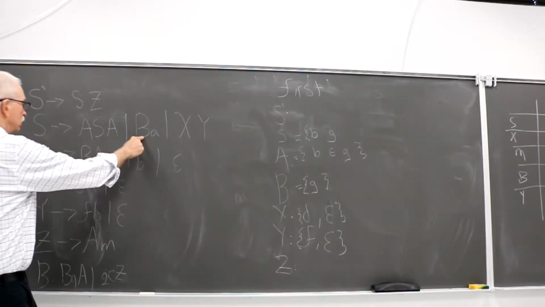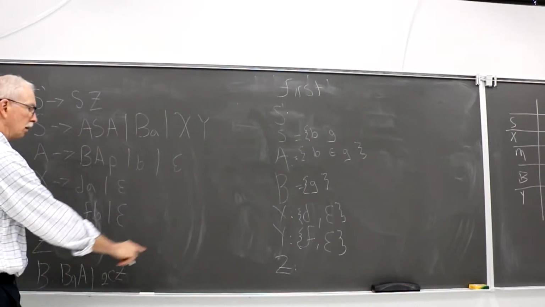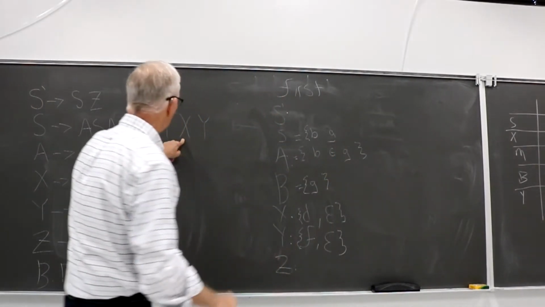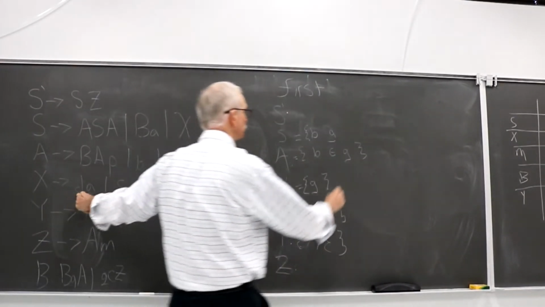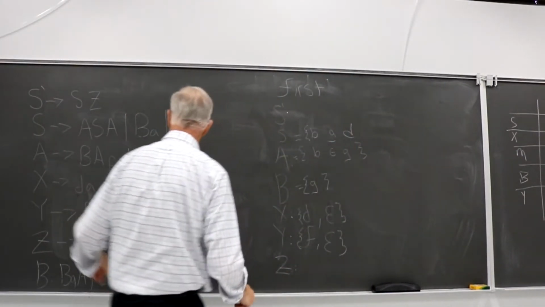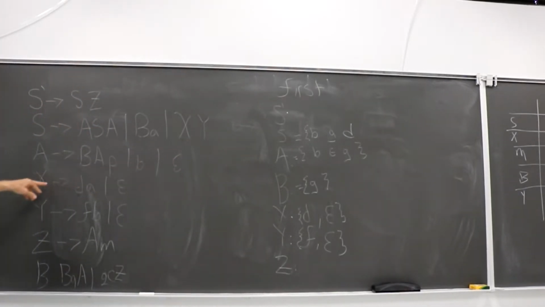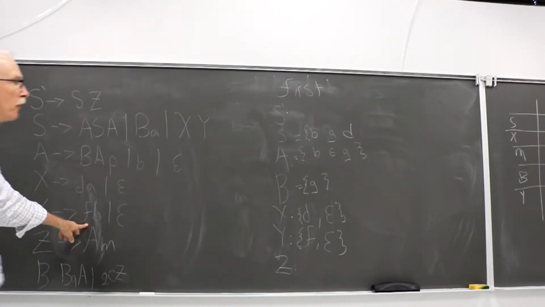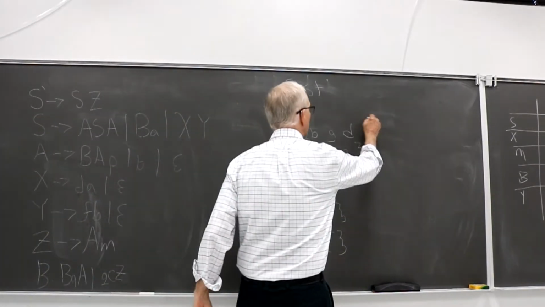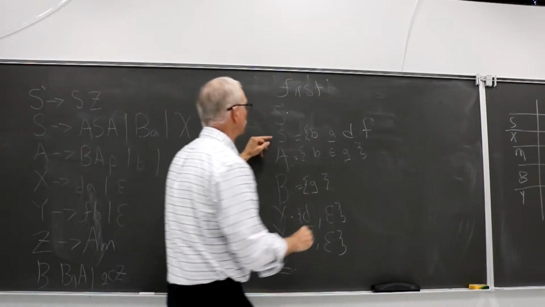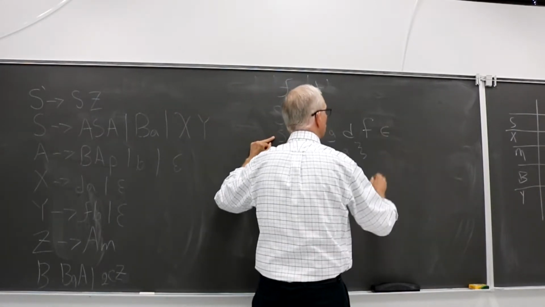The first of B is G. The first of S is the first of X, which is D and empty. Since X is empty, the first of S includes Y, which is F and empty. Since X and Y can both go away, so can S.